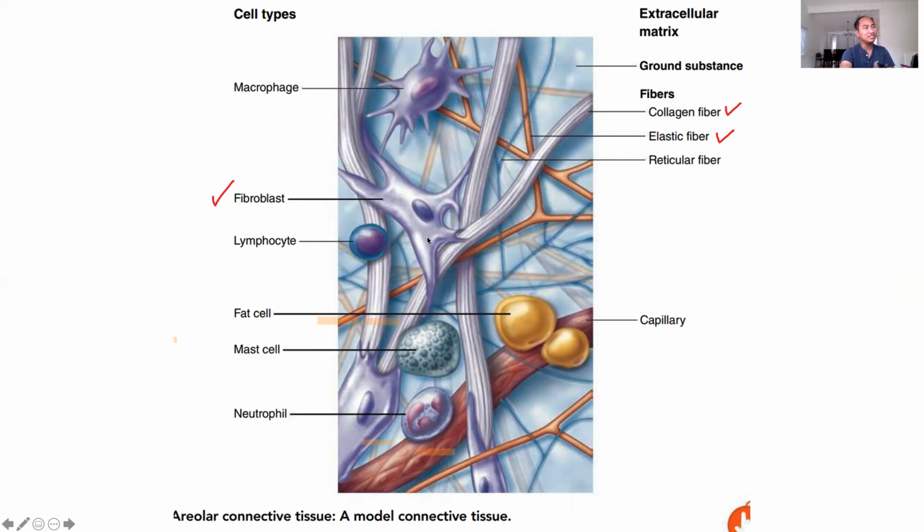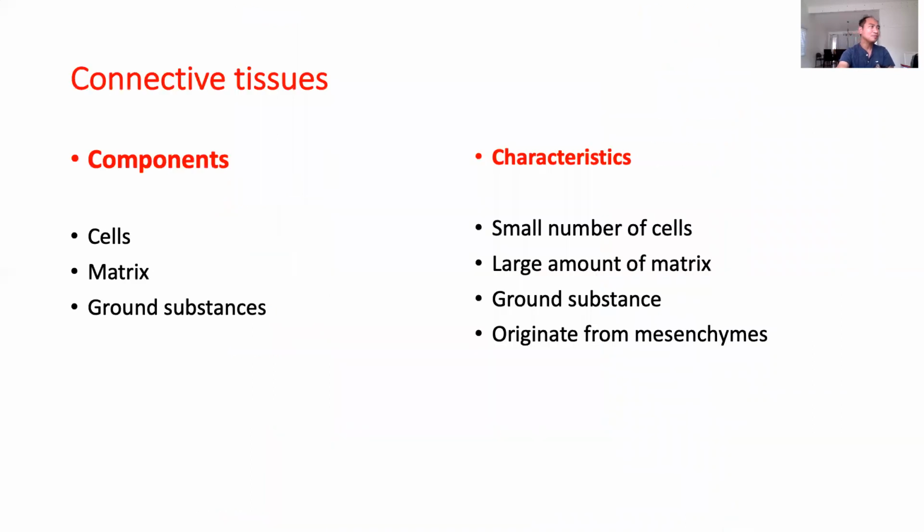And you can see the cells here: fibroblast, lymphocyte, fat cell, mast cell, neutrophils, and the other space is filled with gelatin-like ground substances, which are nothing more than glycoside, aminoglycan, proteoglycans. So the connective tissue is composed of cell, matrix and ground substance.